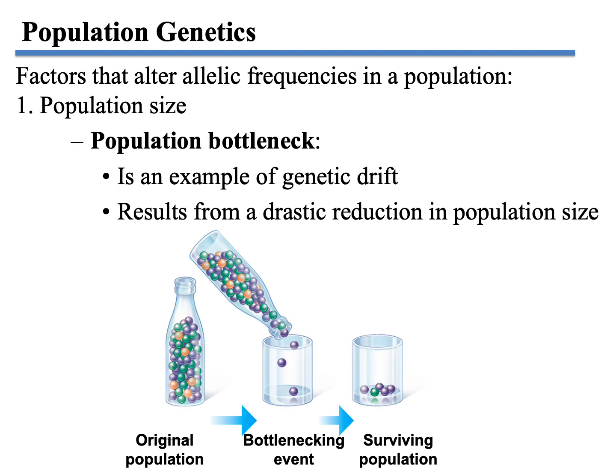Now, this effect can also be seen in what's known as a population bottleneck. This is a very simple, straightforward evolutionary concept of genetic drift, and what it does is result in a drastic reduction in population size. In this example, you have all of these individuals represented by the balls or the spheres in the bottle.